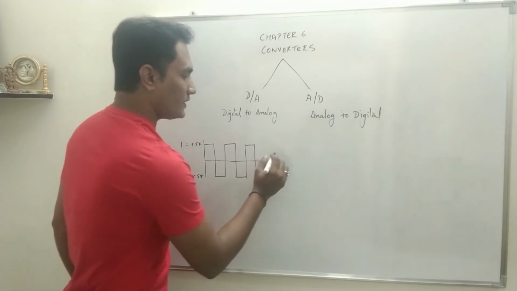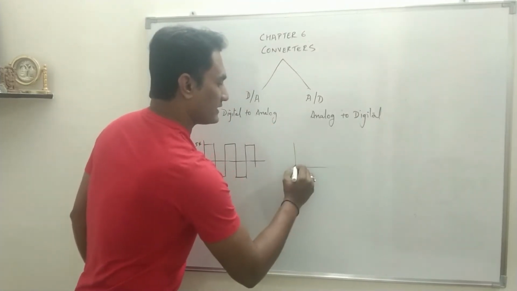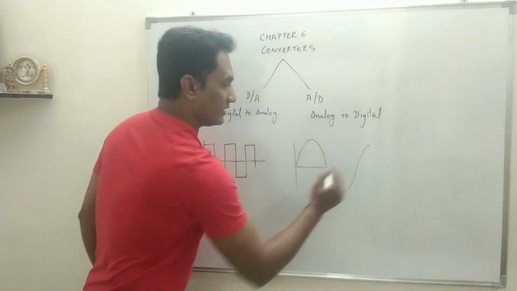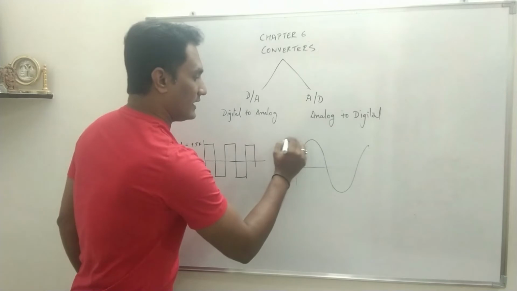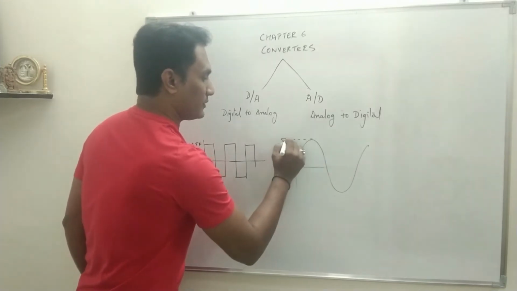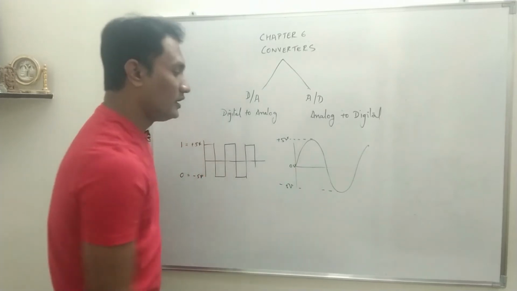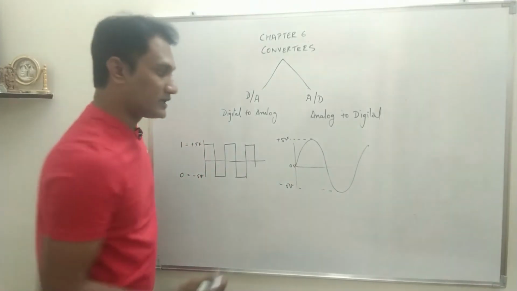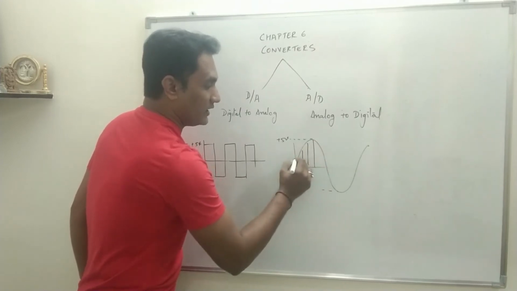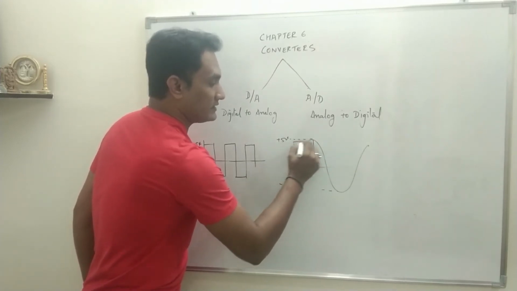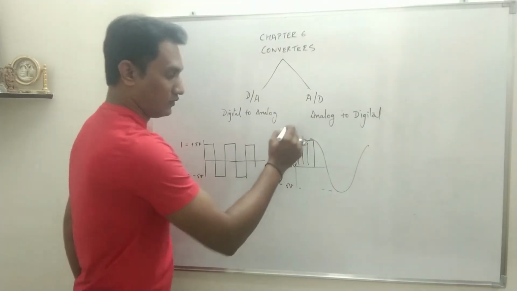Now let us talk about analog signal. The analog signal is a continuously varying signal. If I consider this voltage as 0 volt, this value as plus 5 volt and this value as minus 5 volt, then with respect to time, the voltage level will be continuously changing. It will not be at a discrete state. It will have different levels, say 2 volt, 3 volt, 4 volt, 5 volt.